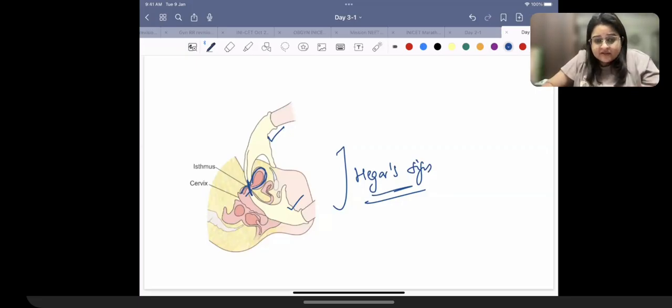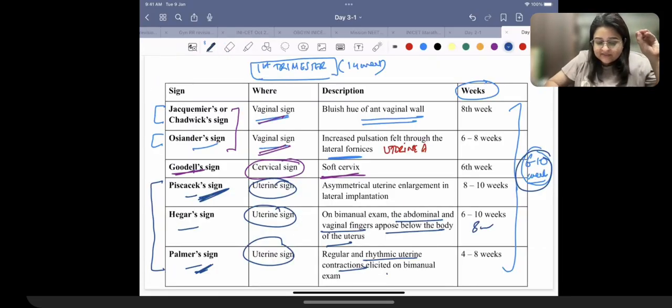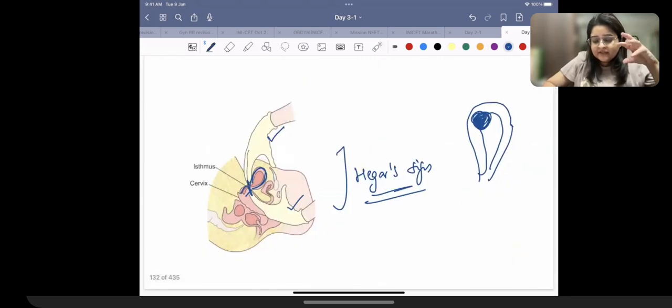So Hegar sign, what is Piskacek sign? Piskacek sign is when the embryo is implanted towards one side. That means it has implanted in one corner. What you will find is asymmetrical uterine enlargement. Okay, the uterus will feel bigger on one side, or it will be asymmetrically enlarged.